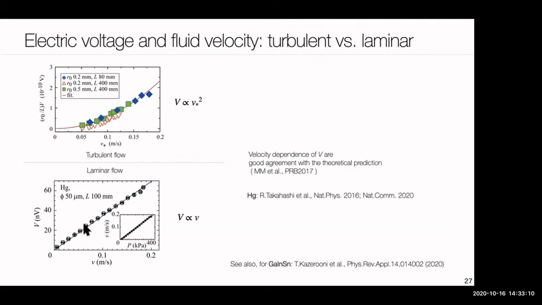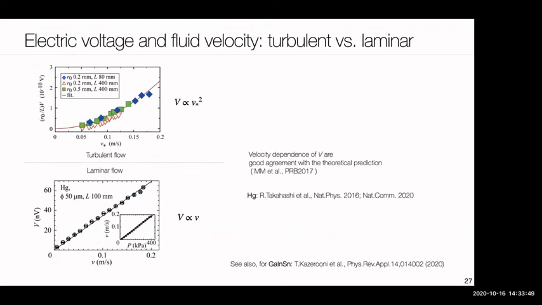But in the laminar flow case, the electric voltage is proportional to the flow velocity. Okay, so these results are in very good agreement with the theoretical prediction. Okay. And this is our group's data, but you can see also very recently, for Galinstan, the German group also demonstrated this kind of scaling behavior.